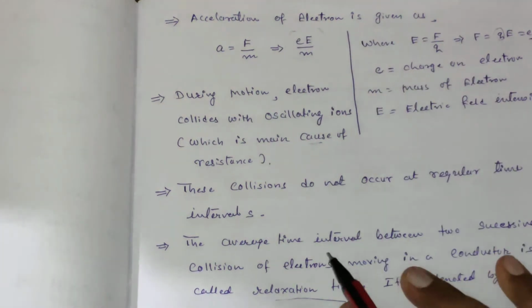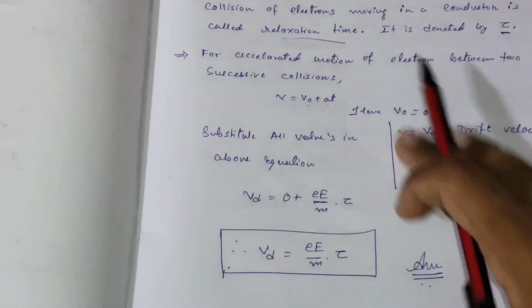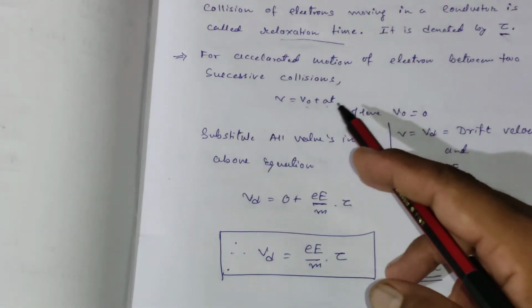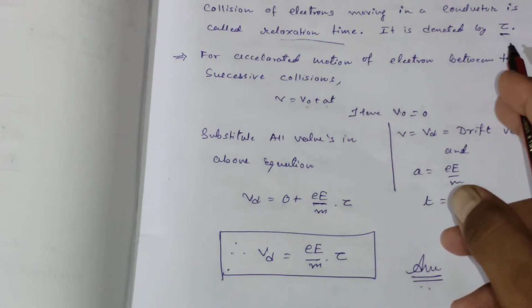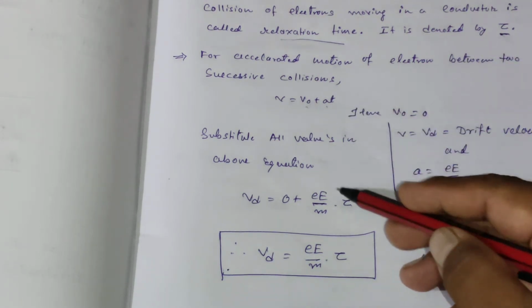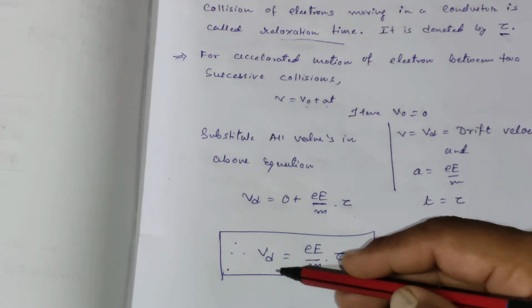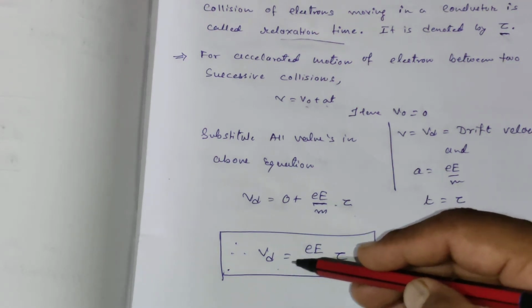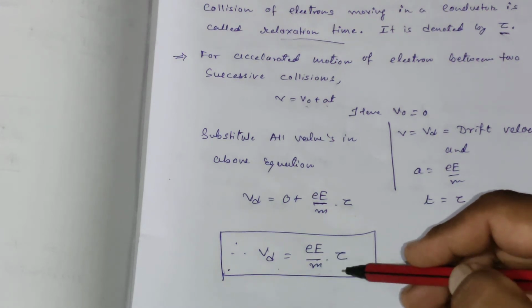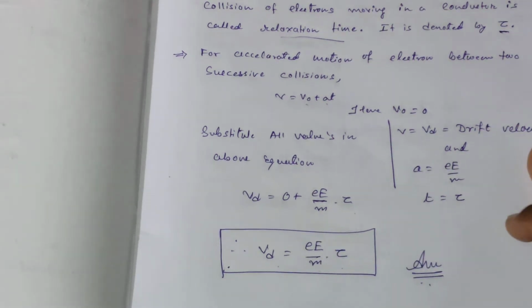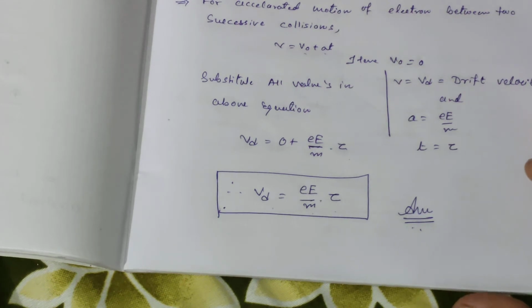Putting in t as the relaxation time tau, the drift velocity is Vd equal to qE upon m into tau. So this is the basic equation of drift velocity.